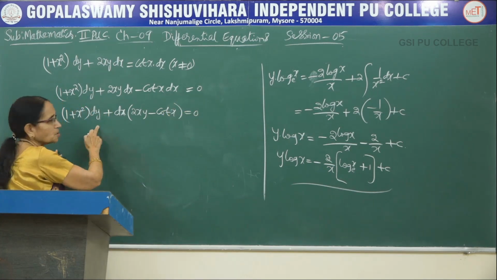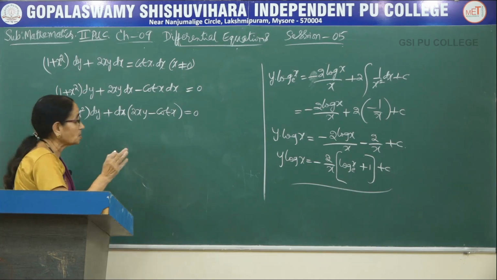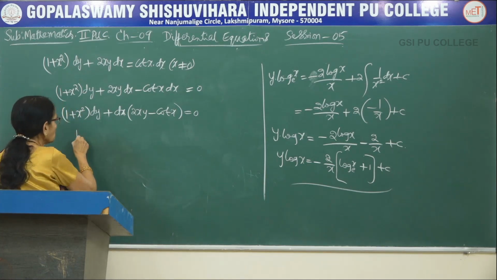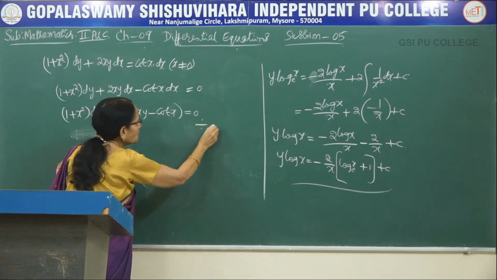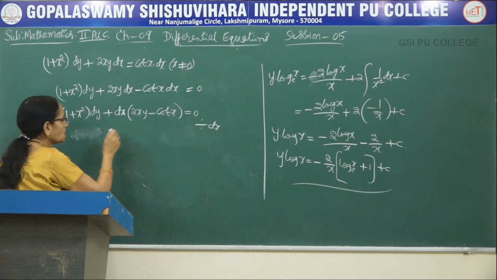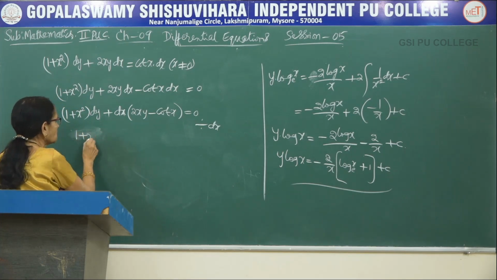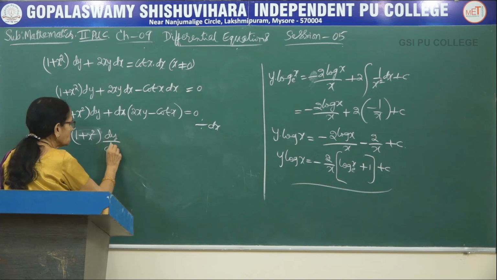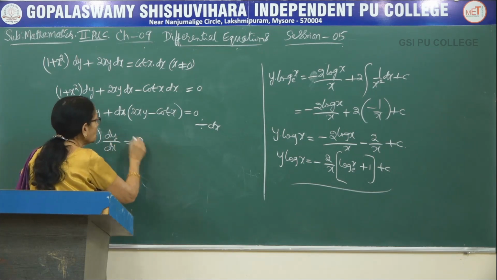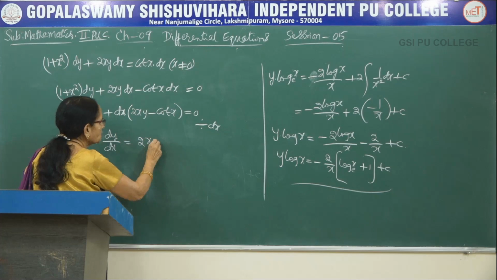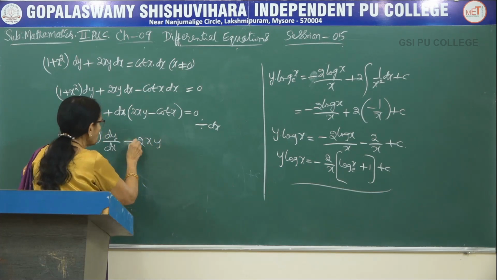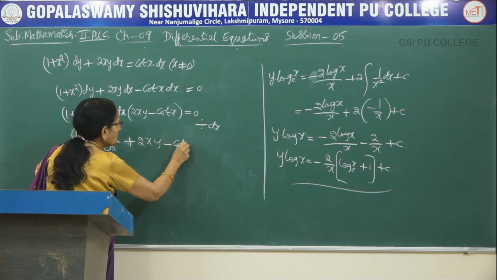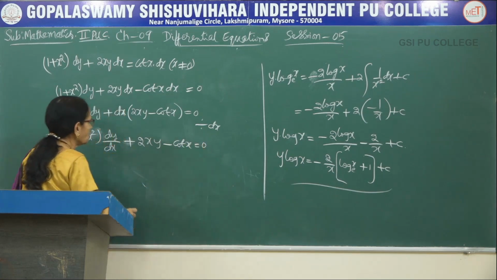Since I want dy by dx here to bring it to the standard form, first what I have to do is divide by dx. Right hand side is 0, we can do all those calculations easily. (1 plus x square) dy by dx is equal to, when it is divided dx gets cancelled, plus 2xy minus cot x equal to 0.